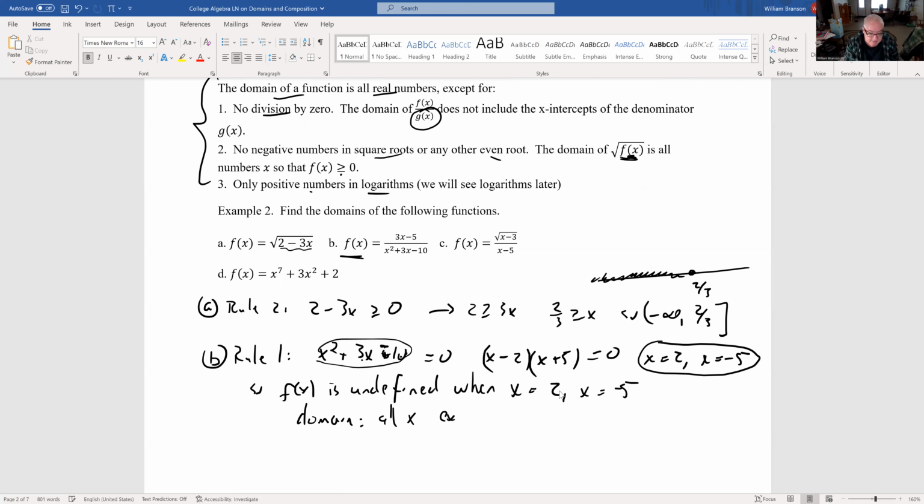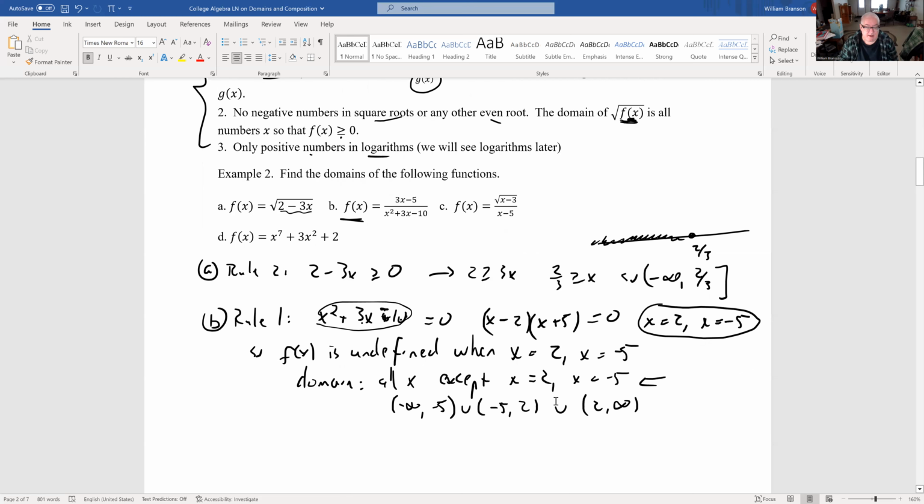All x except x equals 2, x equals minus 5, or you could write it as minus infinity to minus 5, union minus 5 to 2, union 2 to infinity. I usually go with this because it's a little bit easier than writing it out with those unions.